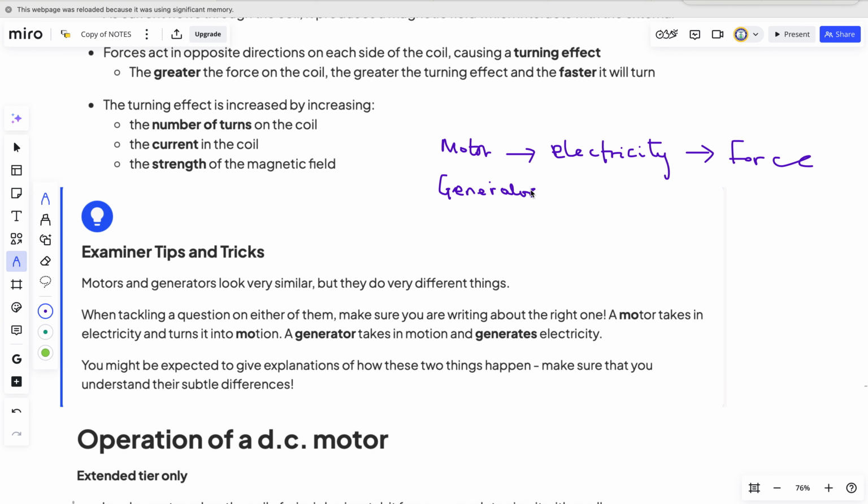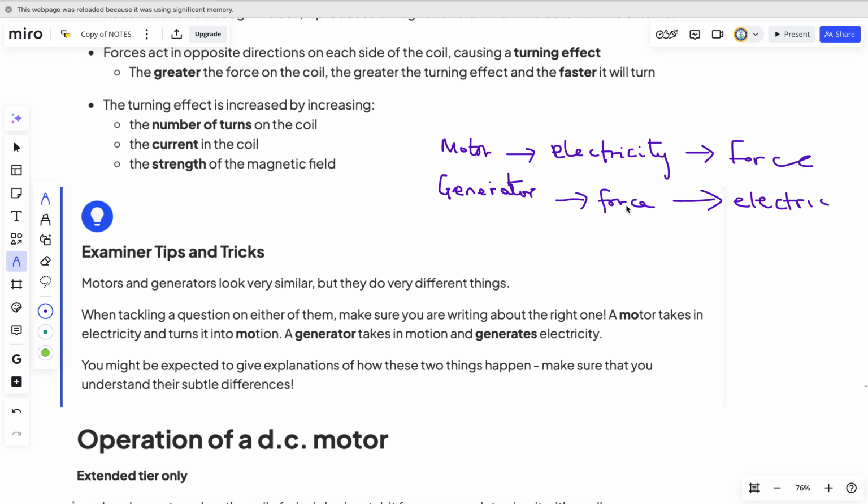We are converting a force or thrust or motion or movement into electrical energy, or electricity. So you must know the difference. They are like vice versa.